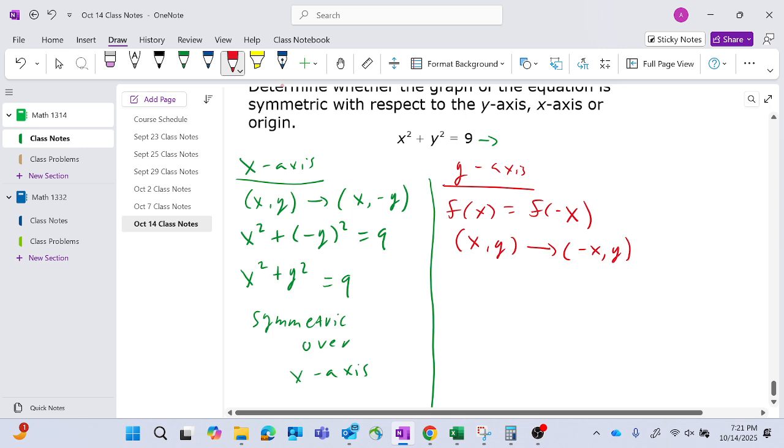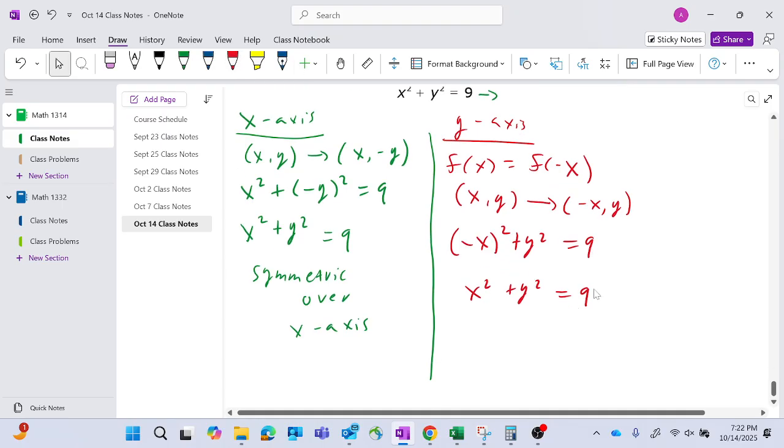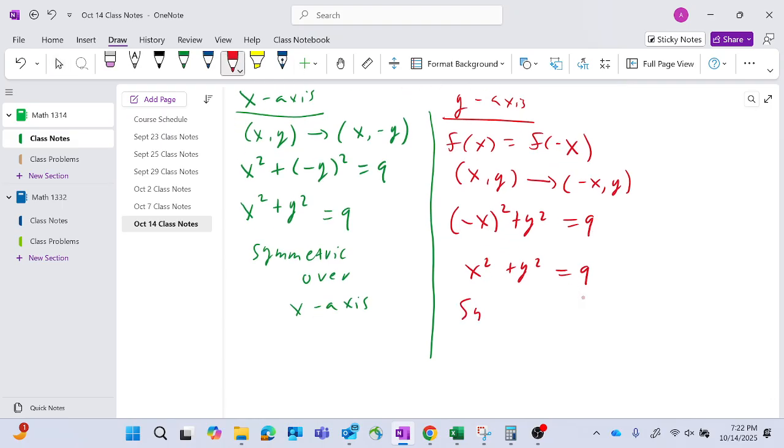Or in other words, I should be able to replace the x with a negative x and have the same exact thing as the original. So you replace the x with a negative. Well, negative x squared is just x squared, plus y squared equals 9. Well, that is the same thing, so it is symmetric over the y-axis as well.